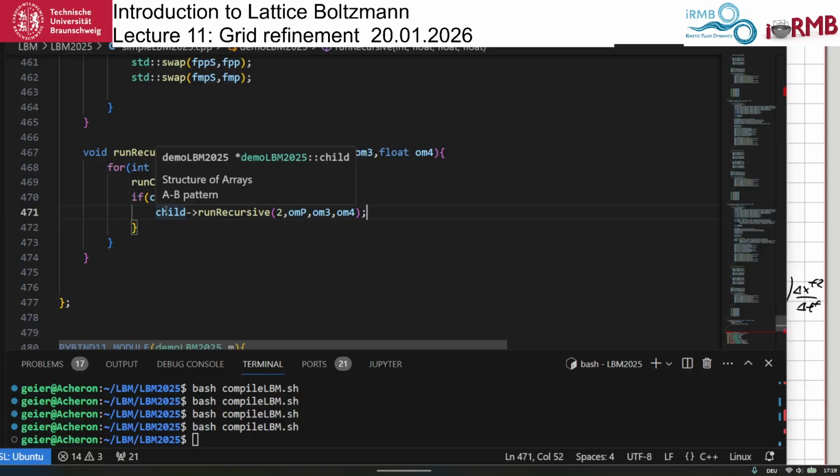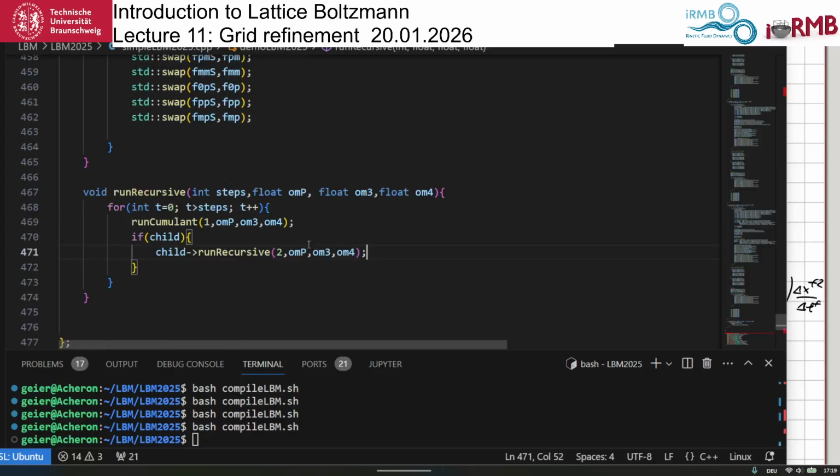And I guess for this purpose, it may be useful to have a few helper functions.